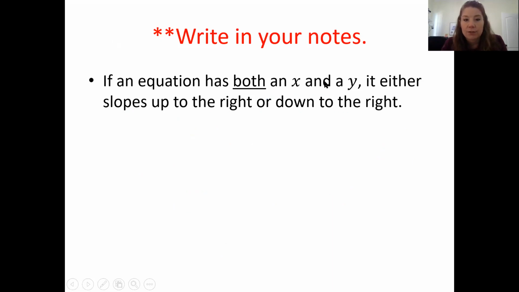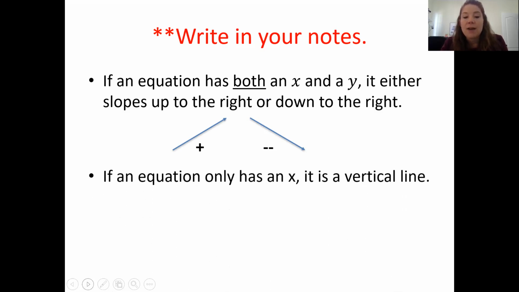So how does that look? Oh, but first, let me just review linear equations. There's pretty much 4 types of linear equations. So if you have an equation and you see both an x and a y, that means that you have a line that slopes either up and to the right or down and to the right, okay? If you have an equation with only an x, that means that you're going to end up with a vertical line.